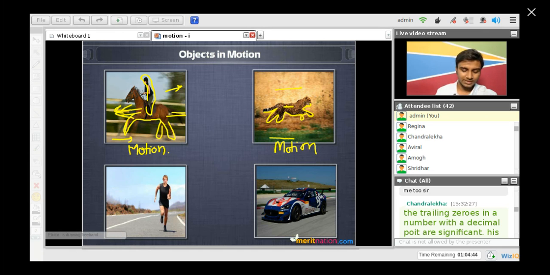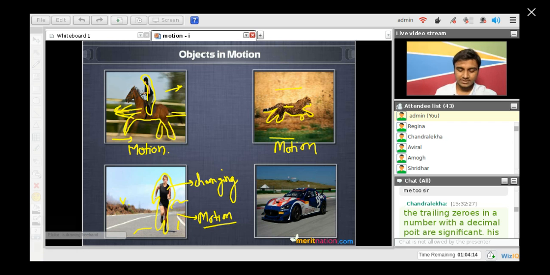Now this athlete, you can see here, there is an athlete who is running. His position with respect to these trees, this ground, this road, and this mountain is changing. His position is changing with respect to the objects that surround him. That is why he is in a state of motion.